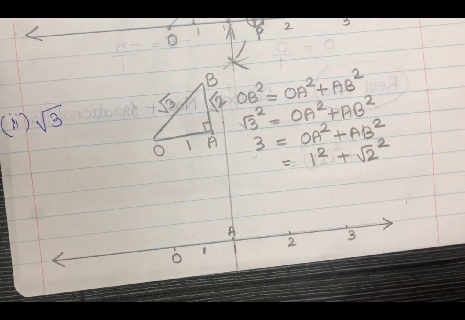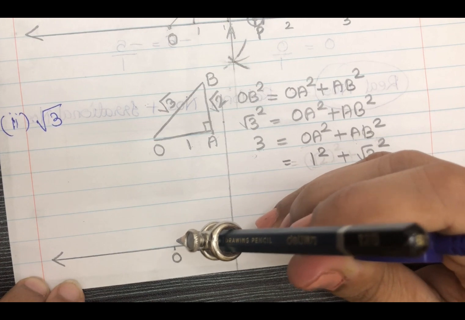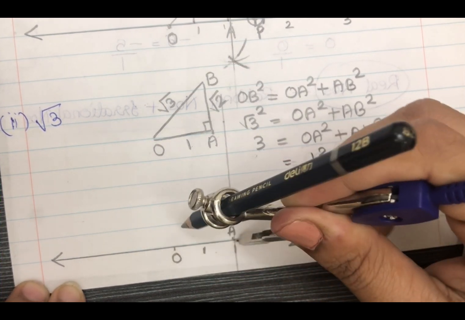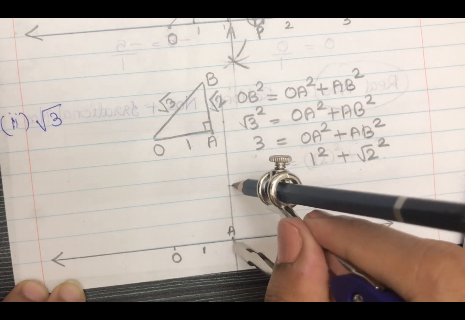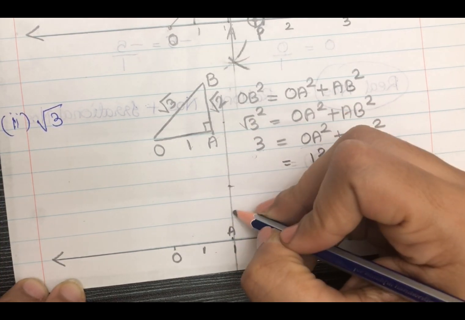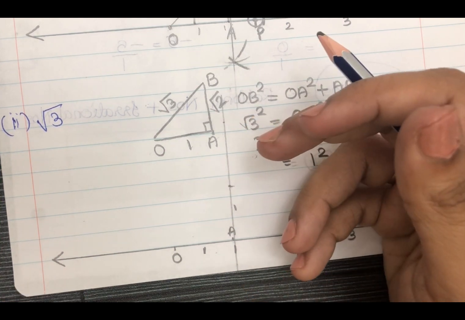With the help of a compass, this is 1 unit, so I'm taking the 1 unit and marking it here. So this is 1.